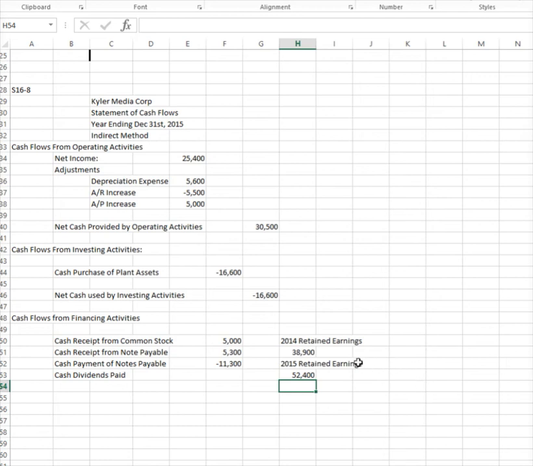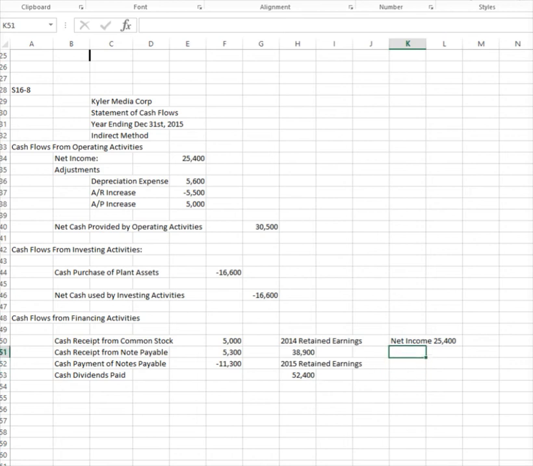Okay, so generally what would increase retained earnings from 2014 to 2015 is the net income that we saw in the income statement. So if you look back on page 973, you see the net income was 25,400. However, in this case, we can see that if you add 25,400 to 38,900, you don't get to this number.